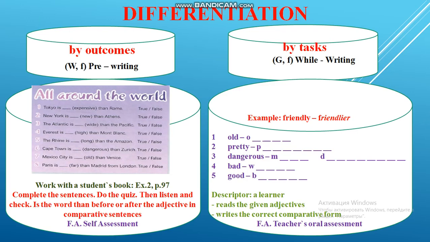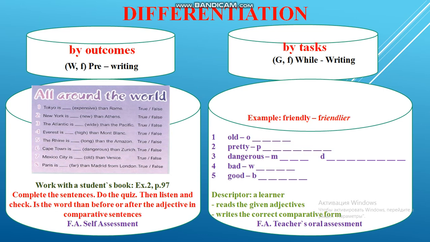To give an opportunity to achieve learning, I used the method differentiation by outcomes and by tasks. Differentiation by outcomes means that different results are expected and acceptable for different learners on the same task or assignment.